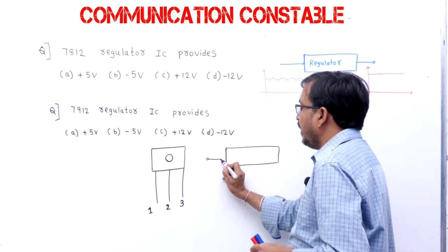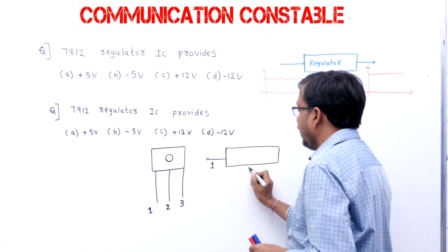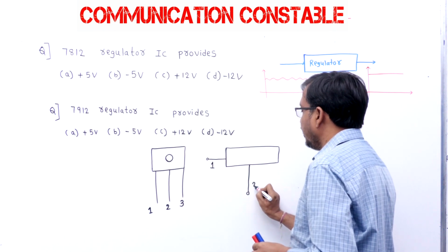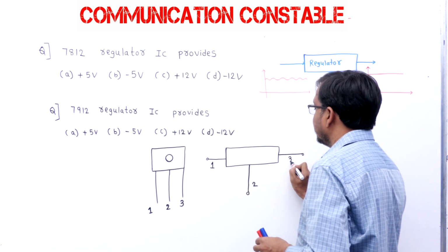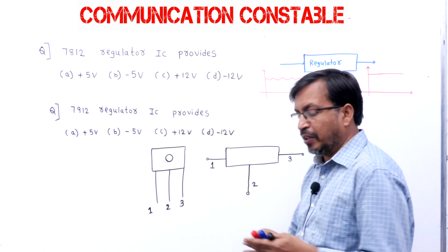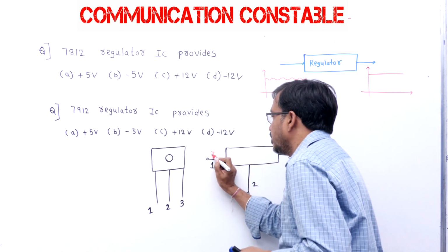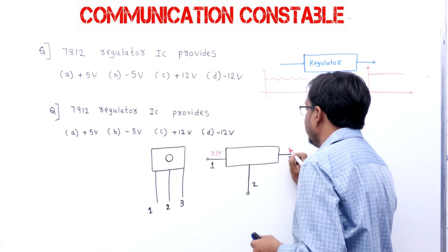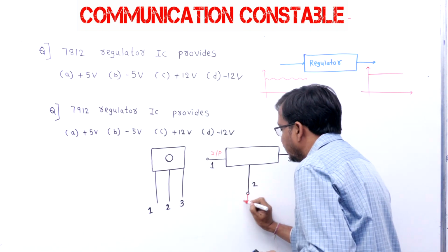Pin number 1 is input, pin number 2 is ground, pin number 3 is output. Students, sometimes they ask this way: pin number 1 is input, pin number 3 is output, pin number 2 is ground.